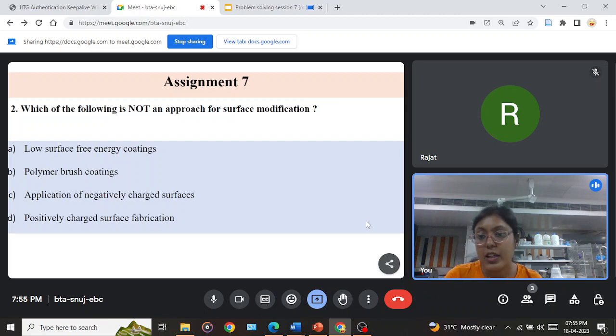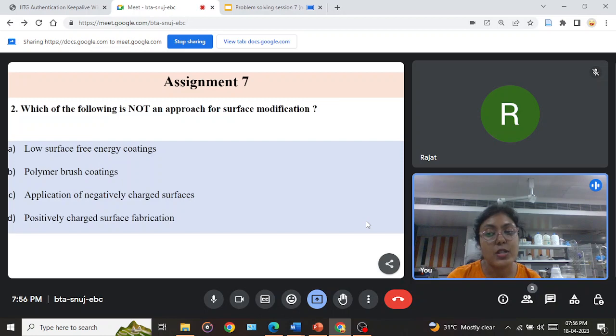Third is application of negatively charged surface. So we usually go for application of positively charged surfaces, and this is because we want electrostatic interaction to occur.